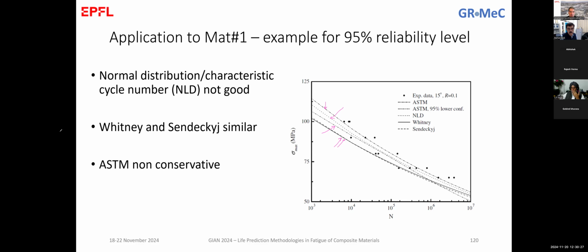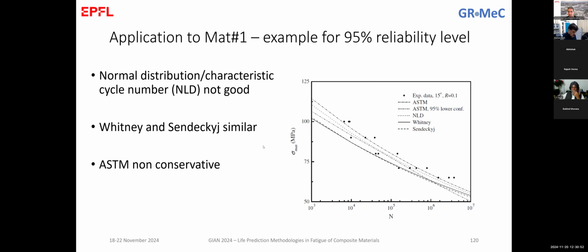And we see also that in this case, ASTM modeling is giving results that are not conservative, which might be dangerous in design procedures. The lower confidence bound of ASTM is already at levels where probably they're not acceptable for design.